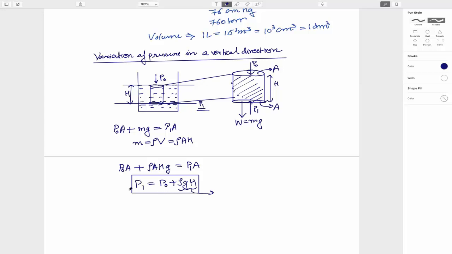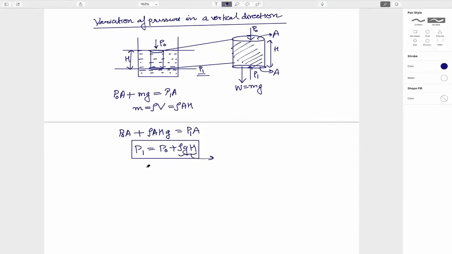So that is adding to that pressure in the fluid statics. And in general, in case of fluid statics, if you want to plot pressure with height, then you see that it is P naught, let's say, and it is linearly increasing with height. Slope, that is tan theta, is nothing but rho g.